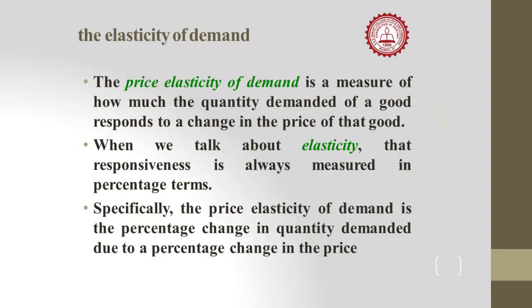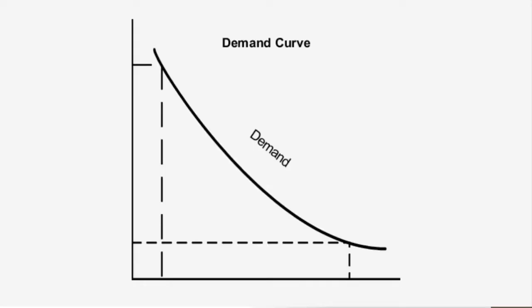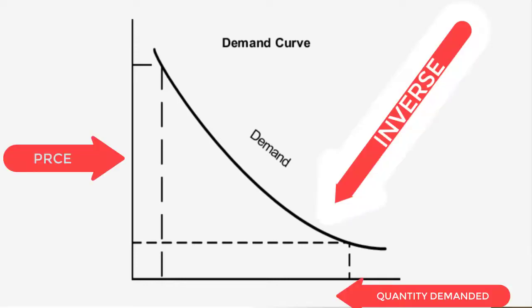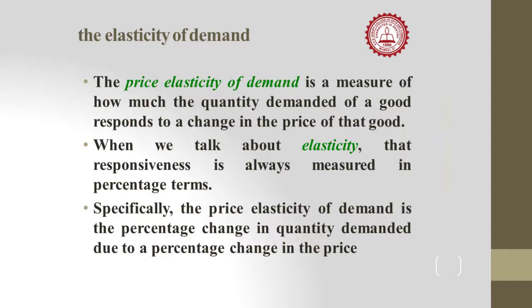It is important to remember that the demand curve for most of the commodities is downward sloping due to the inverse relationship between the price and the quantity demanded of a commodity. Hence, the value of price elasticity of demand will always be negative. However, while interpreting price elasticity of demand, the negative sign is often ignored or omitted.